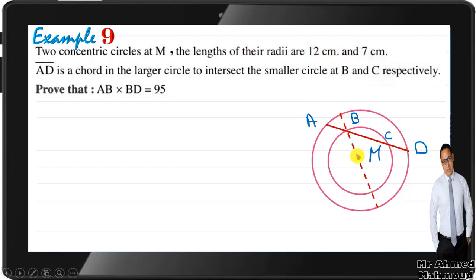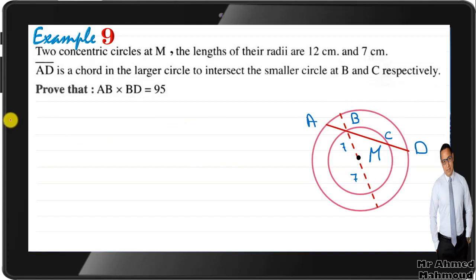Now, this distance, the bigger radius, equals 12, and the smaller distance equals 7. Again, this one equals 7, and this also 7, and from here to here equals 12, and from here to here equals 12 also.